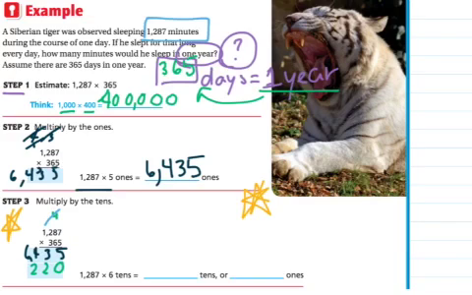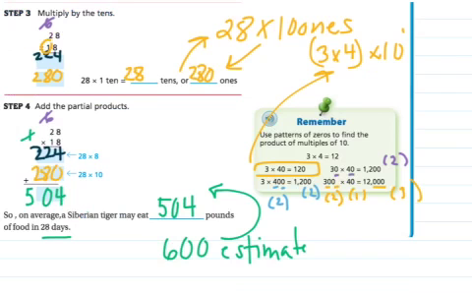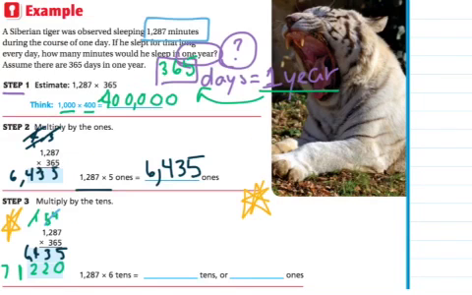So I write the 2 down, and then I regroup the 5 over the hundreds place. 6 times 2 is 12, plus the regrouped 5 is 17. So I write down the 7, and I regroup the 1 above the thousands place. And 6 times 1 is 6, plus the regrouped 1 is 7.